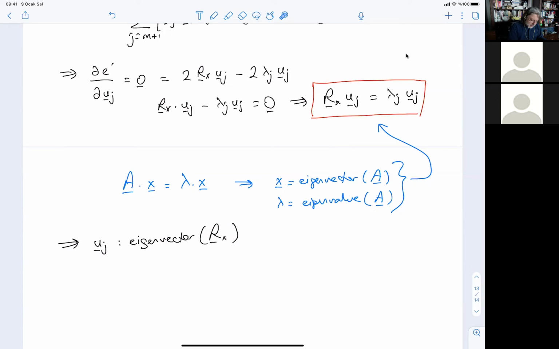And what are these lambda j's? Well, those lambda j's become relatively important still, although they are not the ones that we're looking for. We are looking for Ujs. The problem is we don't know where to put the first Uj as U1 and the second Uj as U2. We don't know which is which.